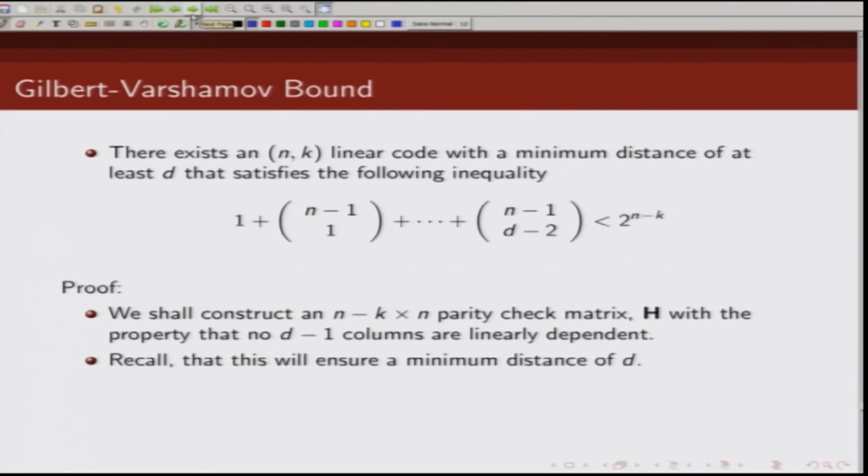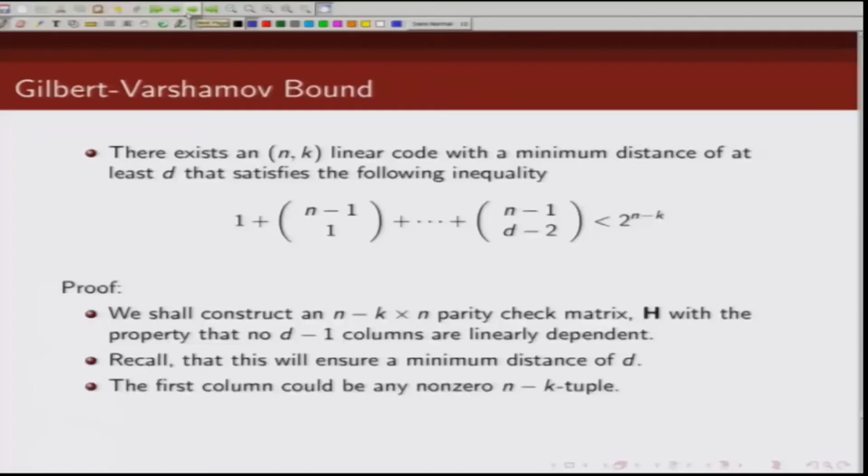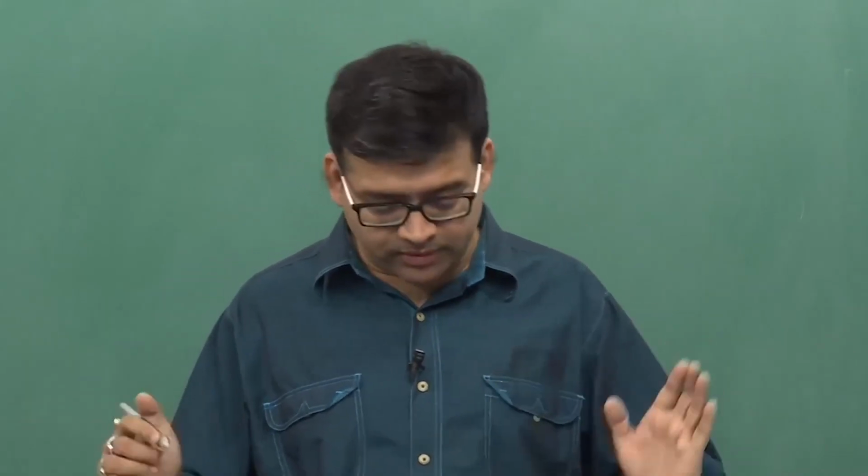So, how do we construct this parity check matrix H such that no combination of up to d minus 1 columns adds up to 0? Let us start with the first column. The first column of this parity check matrix could be any non-zero (n-k)-tuple. It could be ones or zeros or whatever.